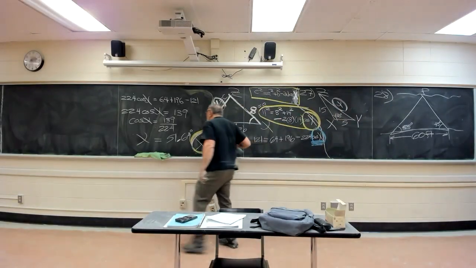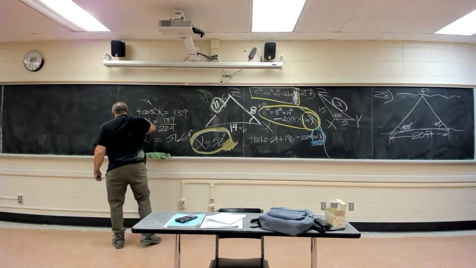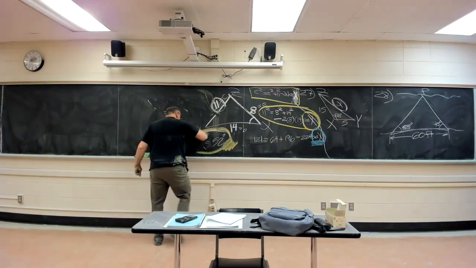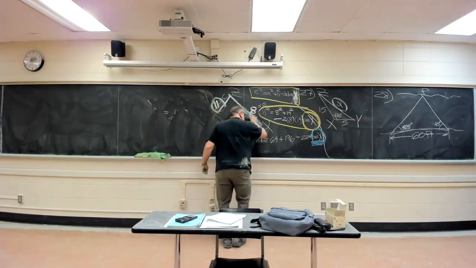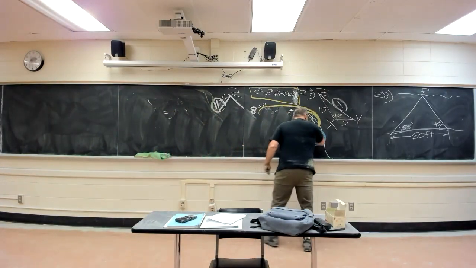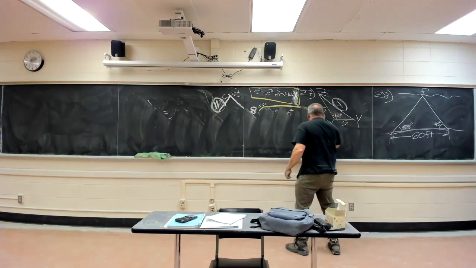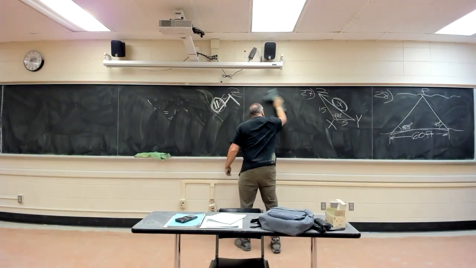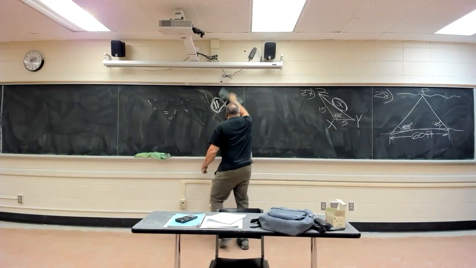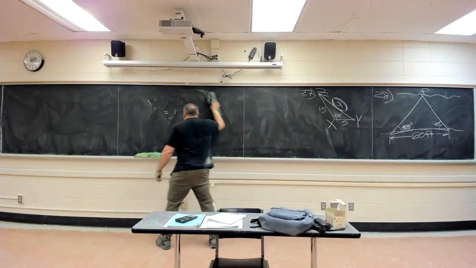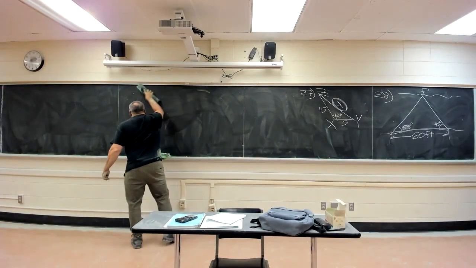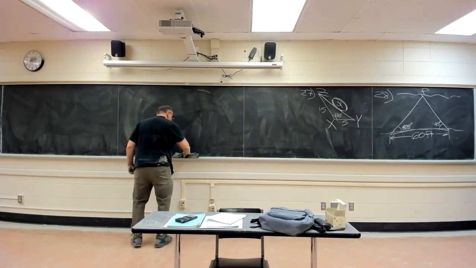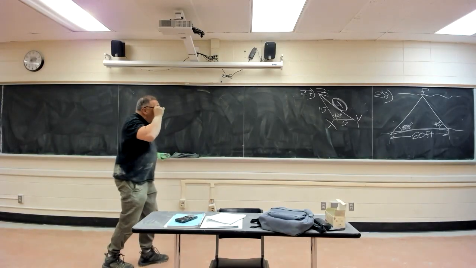So let's talk a bit about it. Well, I just erased the law of cosines only to write it down again, right? That's all right. But we're going to use the law of cosines on this.